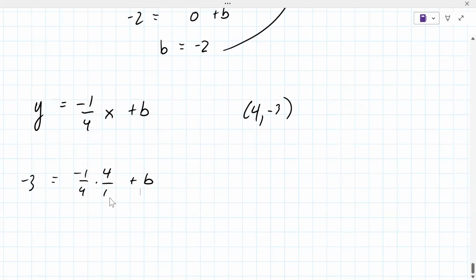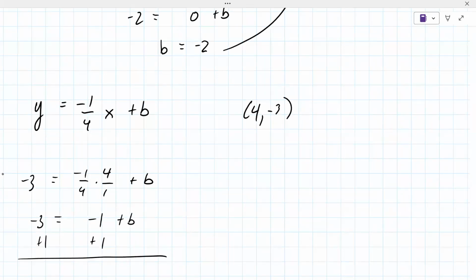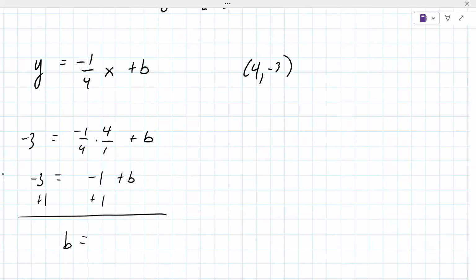Will you multiply this fraction for us, please? That'd just be -1. Okay, so we have -3 equals -1 plus b. Add 1 to both sides. What do we get for b? -2.